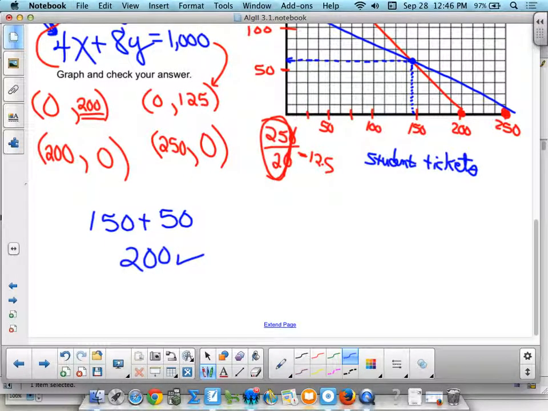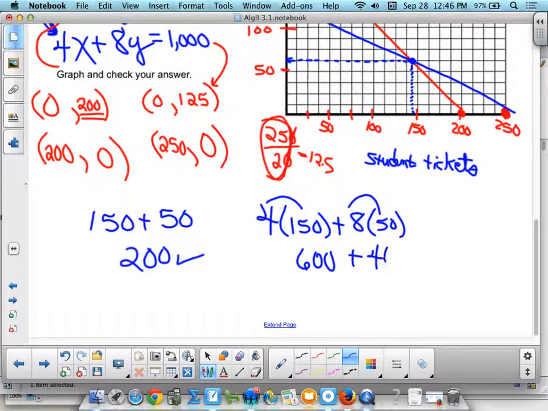It did. The other one was 4 times X plus 8 times Y. It's supposed to equal $1,000. Yep, that's good. And together that makes $1,000. It does work, doesn't it?